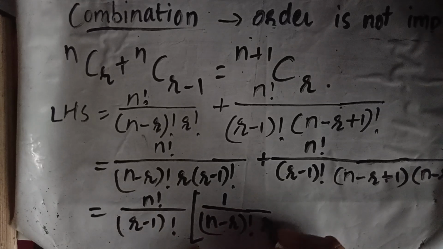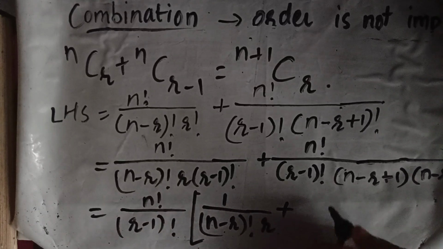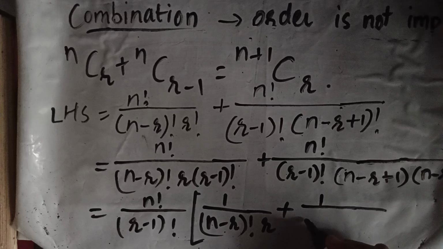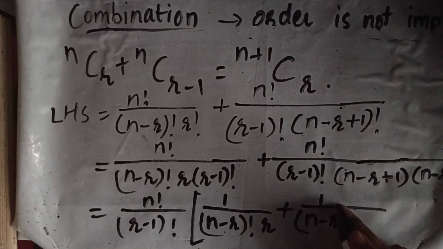So we can take common n factorial upon r minus 1 factorial into n minus r factorial, and also take common 1 upon r plus 1 upon n minus r plus 1.